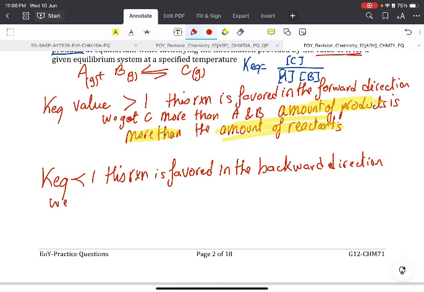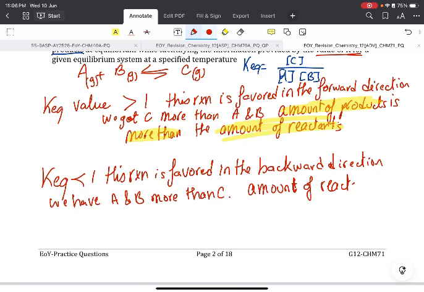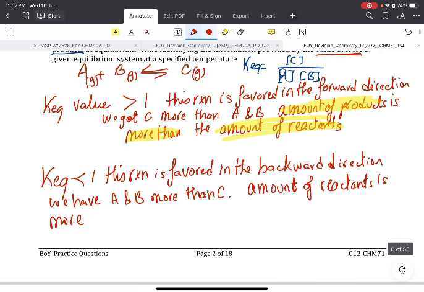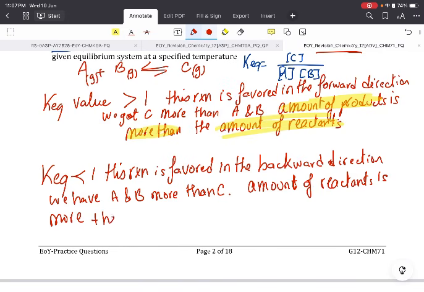And it means that we have A and B more than C. Or in other words, the amount of reactants is favored, is more than the amount of products.